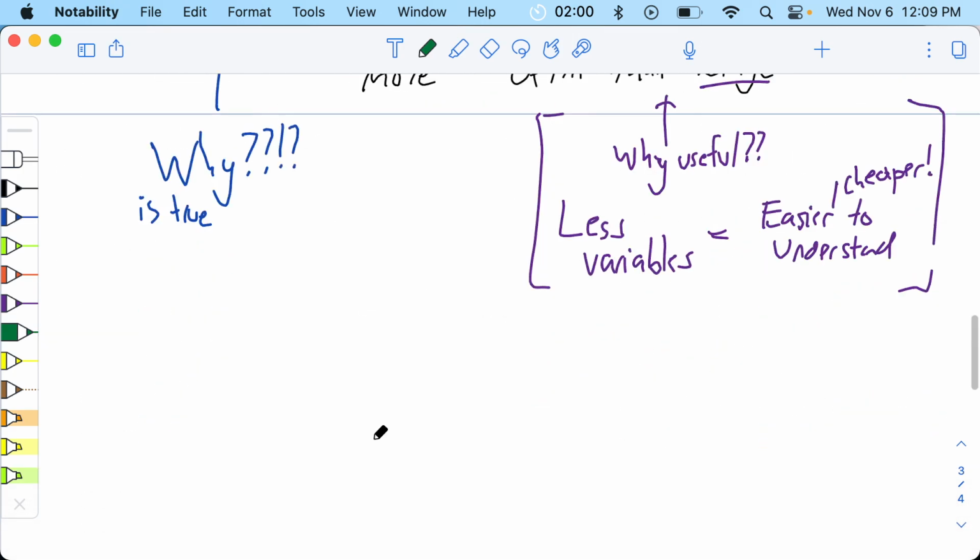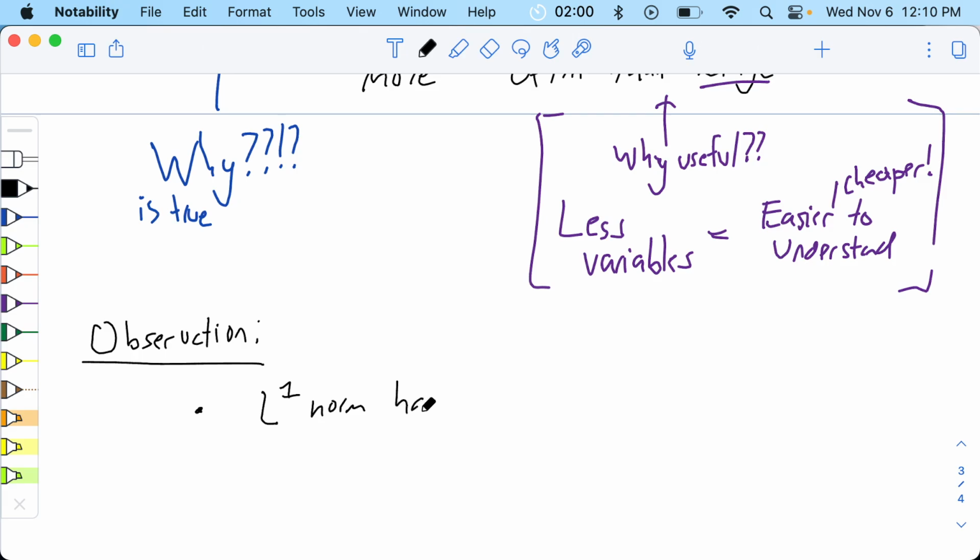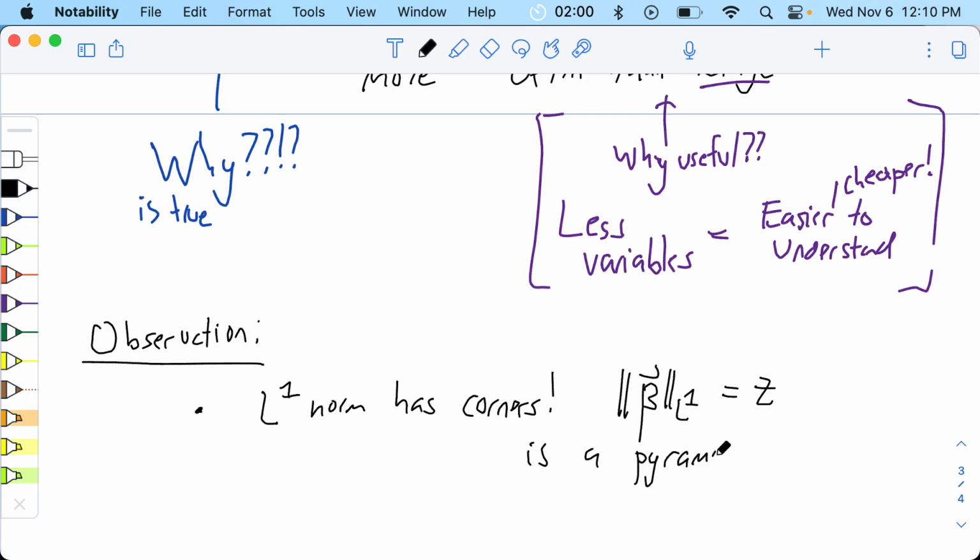I'm going to write this down. The lasso, this is the observation, which is that the L1 norm has corners. Specifically, if you plot as a function of beta the L1 norm equals z, this is a pyramid. That's the red pyramid that we saw before, and it has corners on the sides.